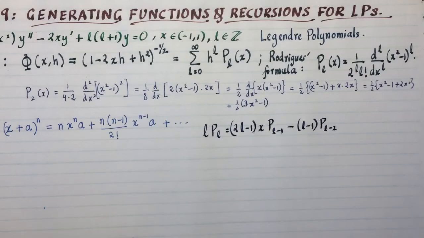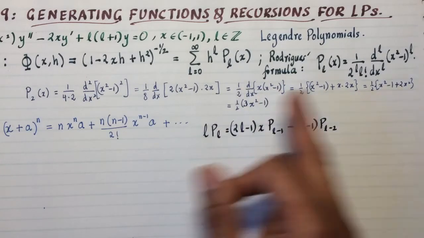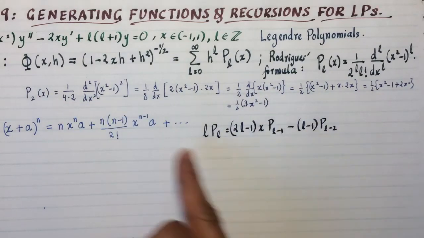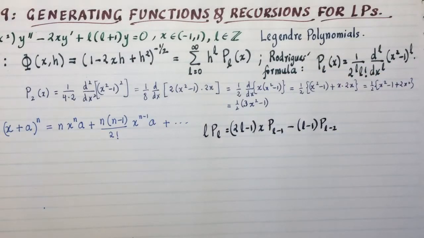For example, if you know P0 and P1, which you can get using hard work with the Rodriguez formula, then you can find the rest using the recursion instead of dumbly differentiating each time to higher and higher degrees. It's pretty hard to do that. So it's possible for us to proceed. So let's try using this recursion formula.